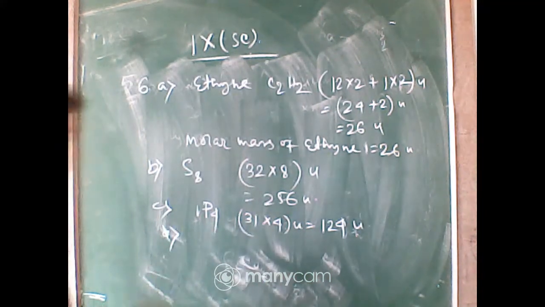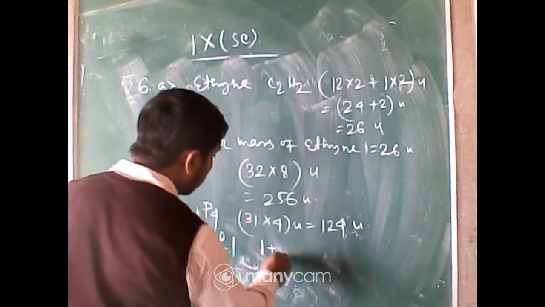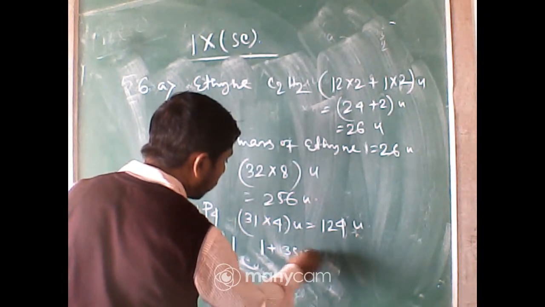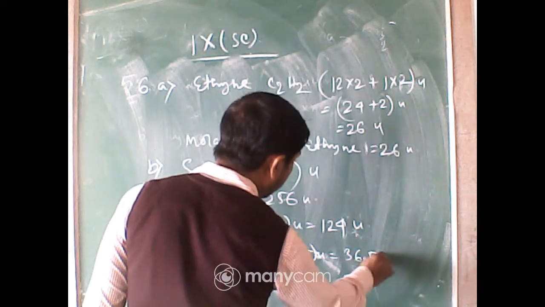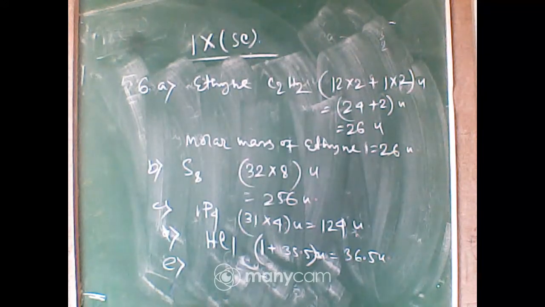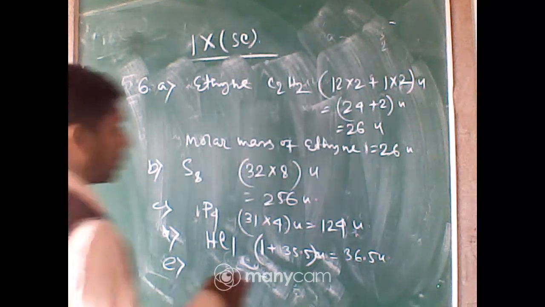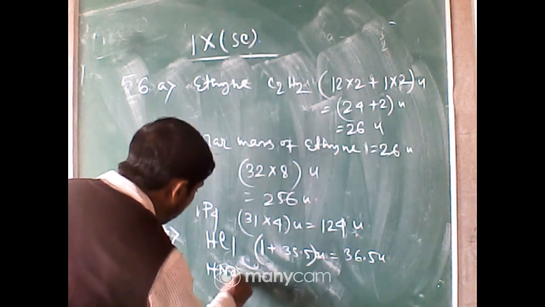Number D is hydrochloric acid, HCl, hydrogen 1, Cl is 35.5 U, that is 36.5 U. Number E is nitric acid, HNO3.